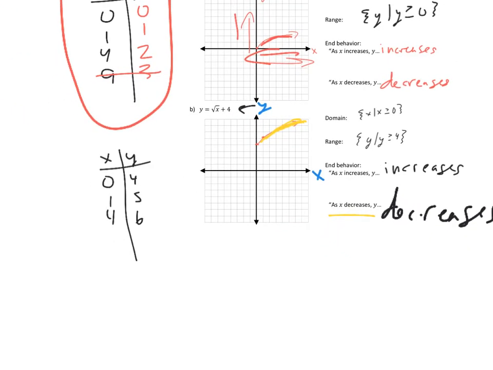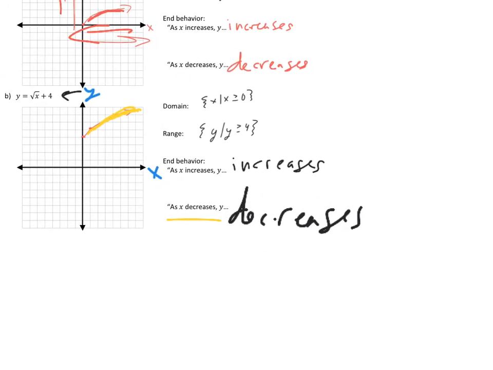If I were to put a -1 over here, we are unable to do square roots of negatives. So we can't have that negative over there. So as x decreases, y decreases, but it also approaches 4. And it's a positive 4.